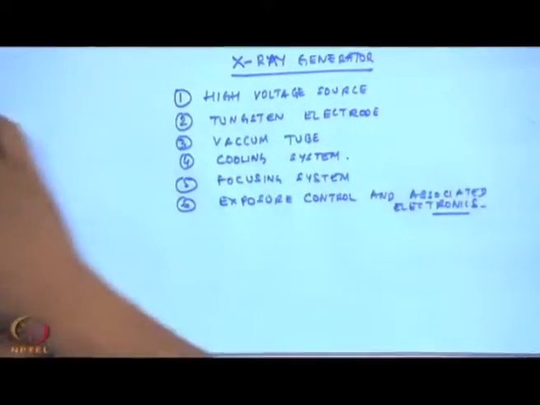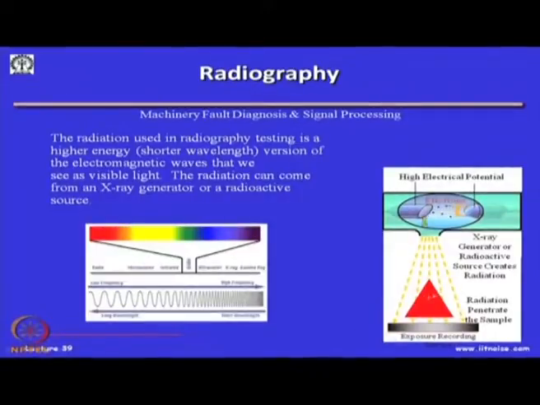And finally, we have a material on which these X-rays are exposed. So, we will get an exposure recording device, could be a film, could be a digital image. And that is what it is.